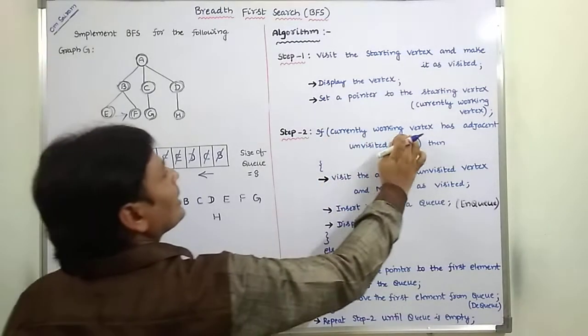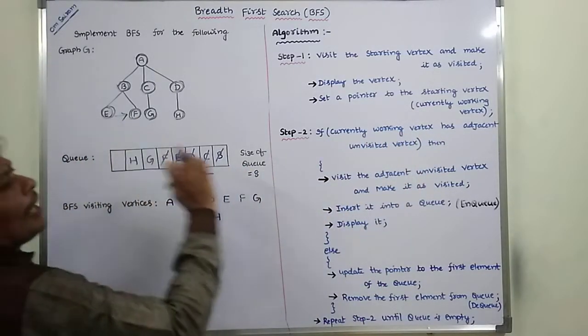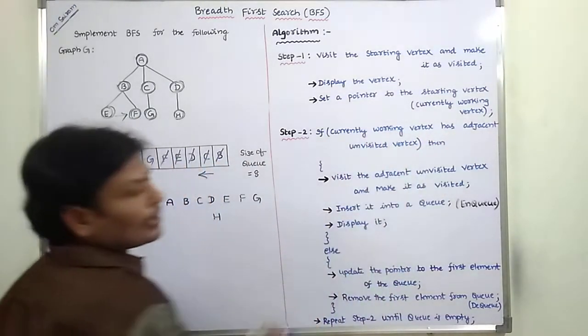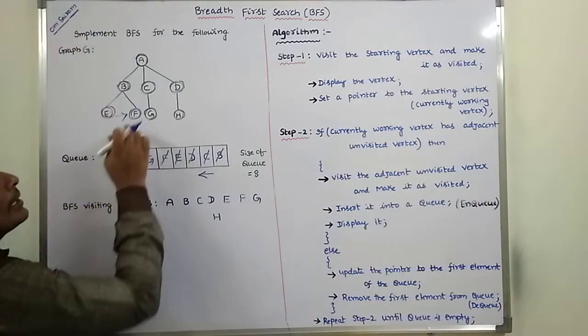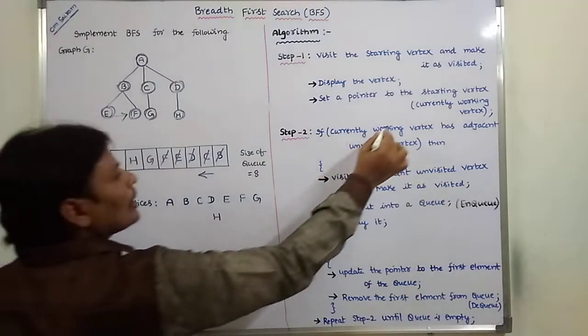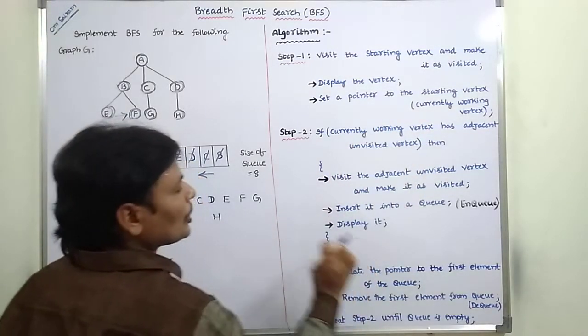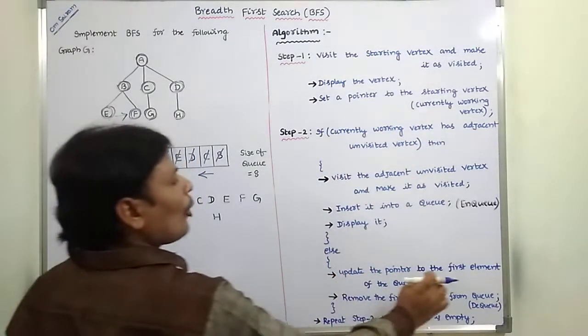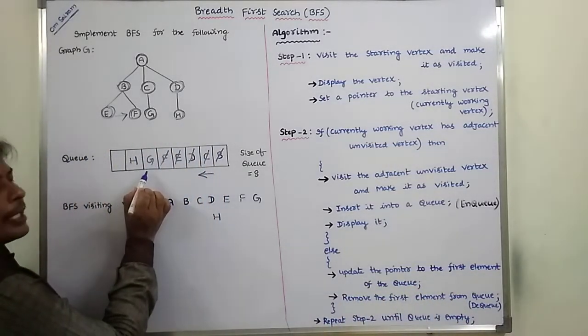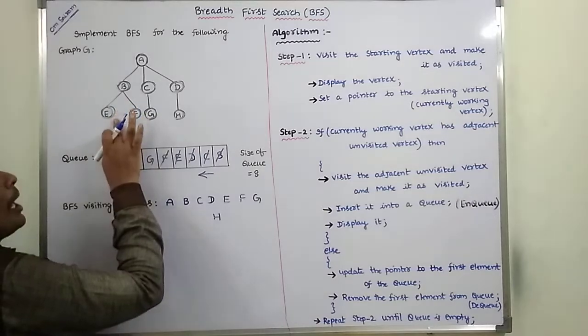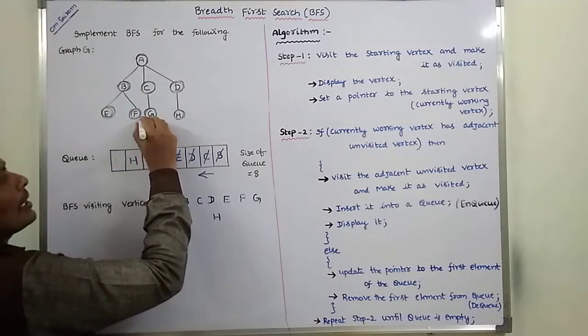If the currently working vertex, that is F, has an adjacent unvisited vertex: there is no adjacent unvisited vertex for vertex F. So this condition is false. Go to the else part. Update the pointer to the first element of the Q. What is the next element in the Q? That is G. So update the pointer to G.